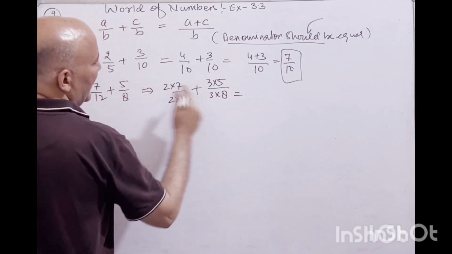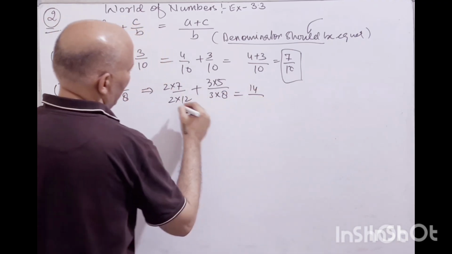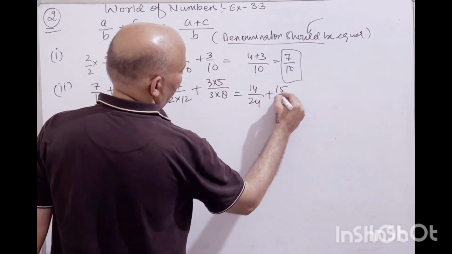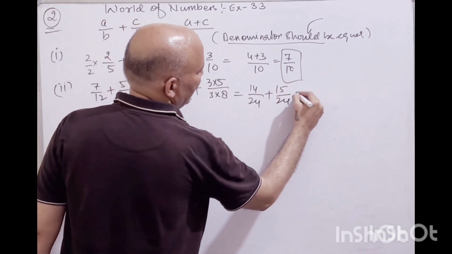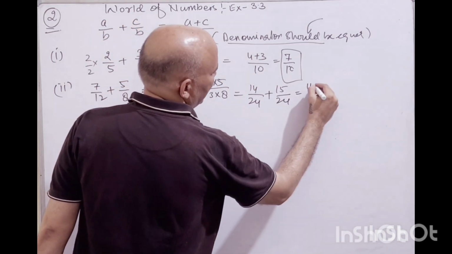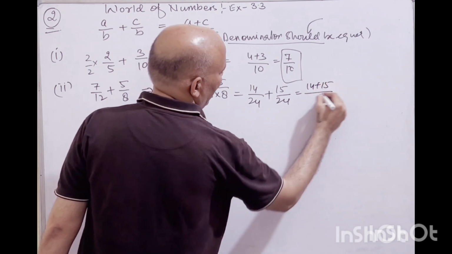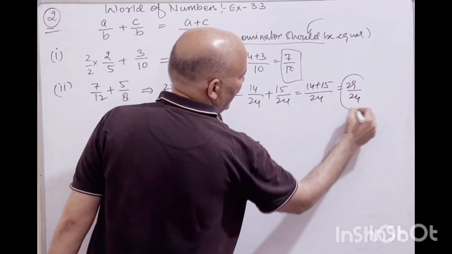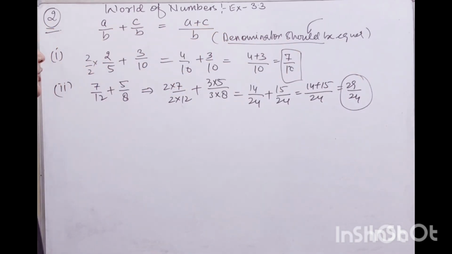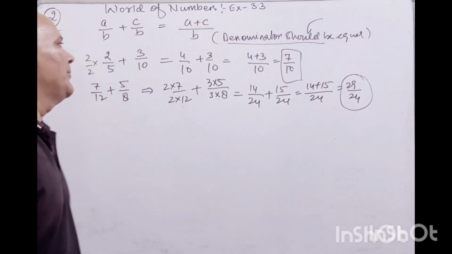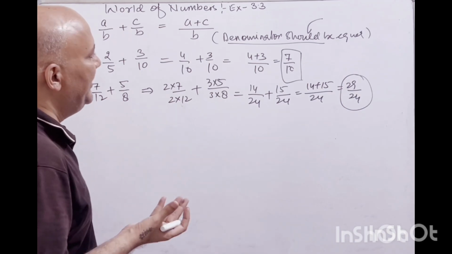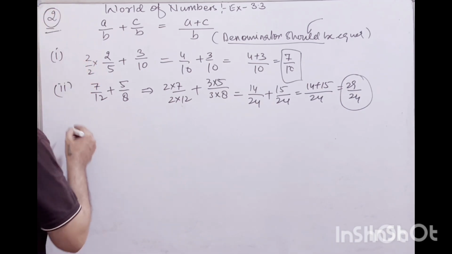That makes ये हो जाएगा आपका 14 प्लस 15 upon 24, that is 29 upon 24. Easy, very easy. Make the denominator equal, then you can add the numerators and denominator would be equal.